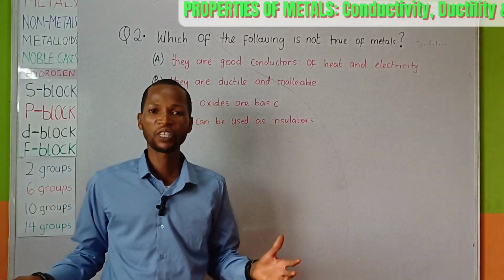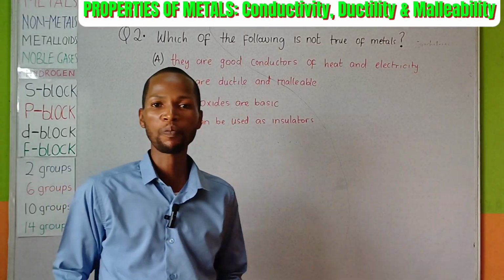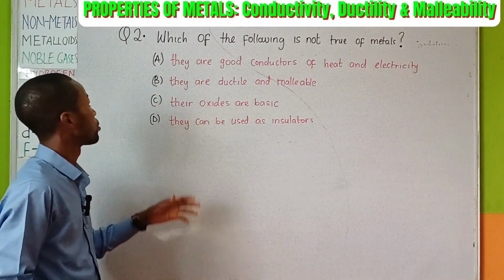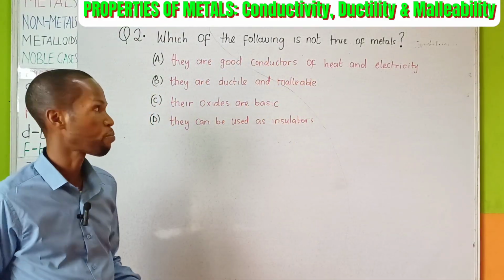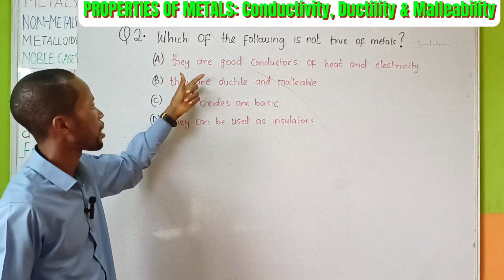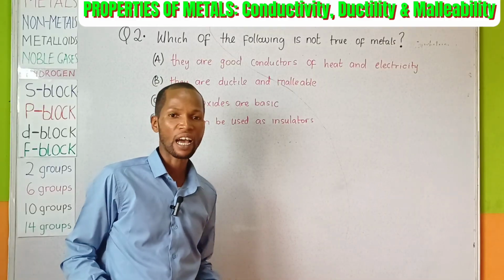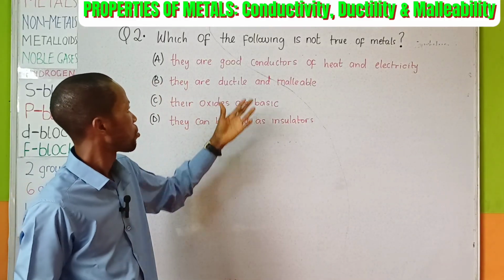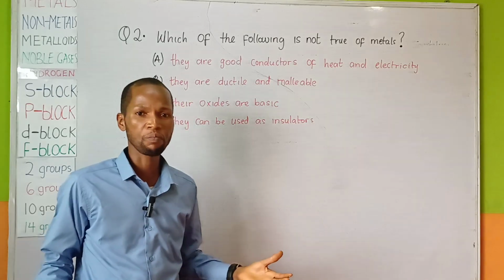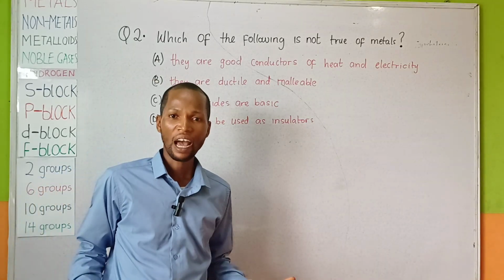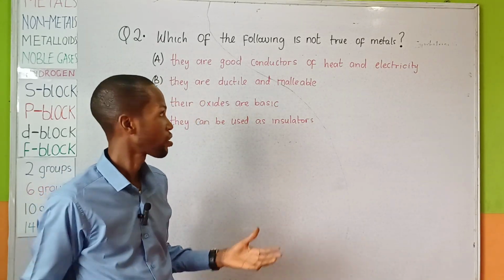Make sense? Moving on to the second question on the properties of metals. Which of the following is not true of metals? A. They are good conductors of heat and electricity. Metals are good conductors of heat, which implies that they have high thermal conductivity.